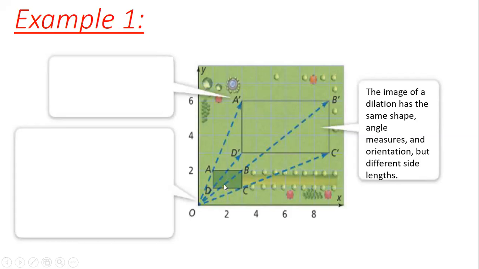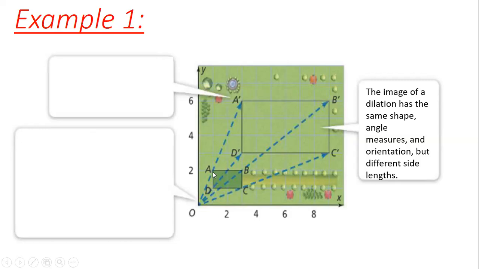What do you mean by different side length? Compare for me, which two sides here? A prime will be with A. What's the meaning of side? Give me an example of a side from the rectangle ABCD.